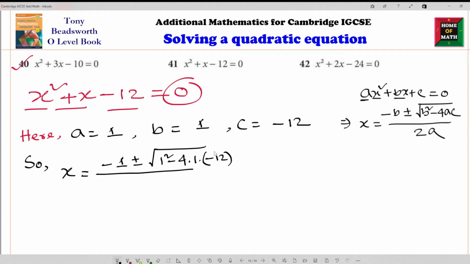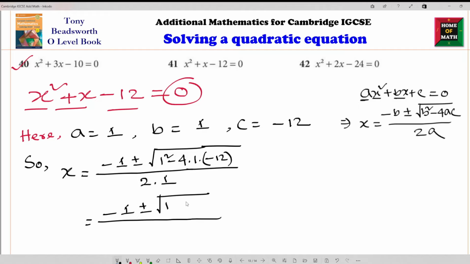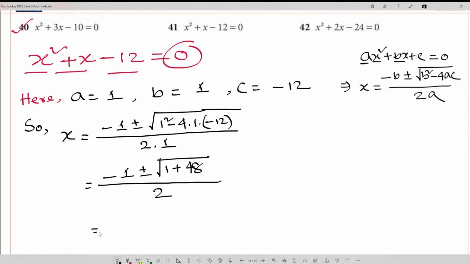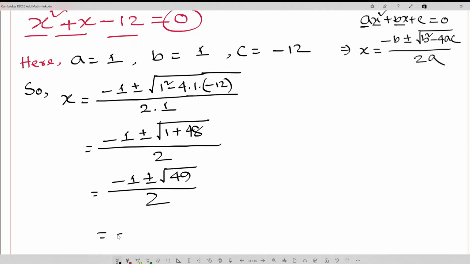Minus 12, right? And then divided by 2a, 2 times 1. Minus 1 plus or minus 1 squared means 1, minus and minus plus, 4 times 12 is 48, divided by 2. Okay. Then minus 1 plus or minus 1 plus 48, it means root 49, here is 2. Then minus 1 plus or minus root 49, it means 7, divided by 2.